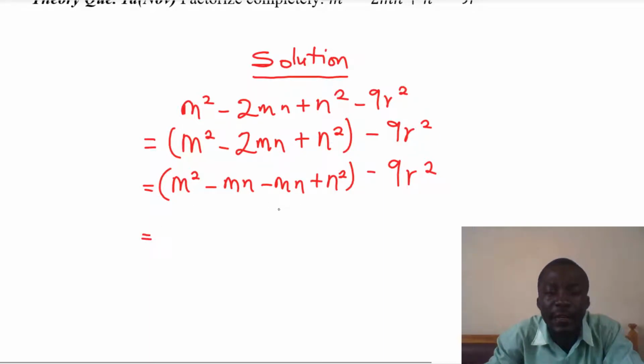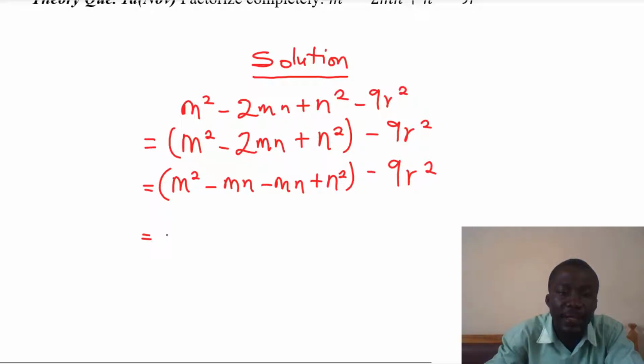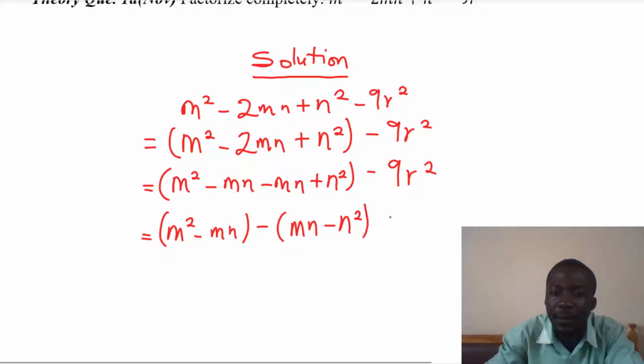Now in this bracket we have 4 terms, so we can group again as m squared minus mn in one bracket, then minus into bracket mn, then minus n squared minus 9r squared.